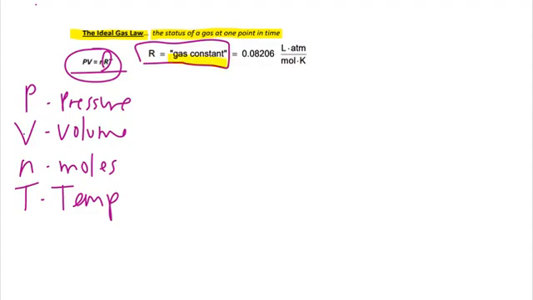That constant is just this number that allows for pressure times volume to equal moles times temperature. It's a scientifically found number, 0.08206, to make this equation happen.